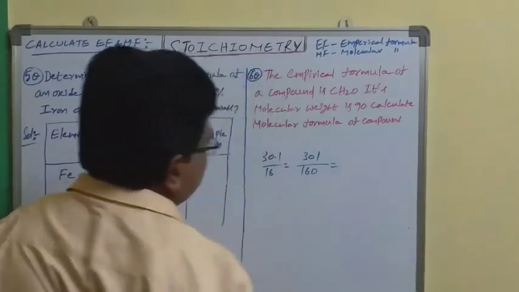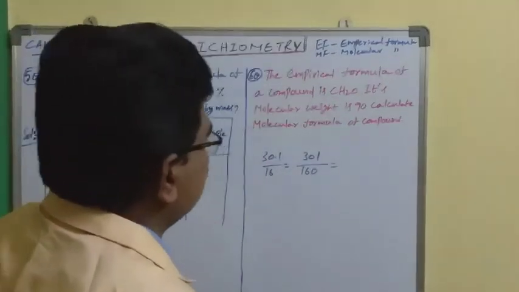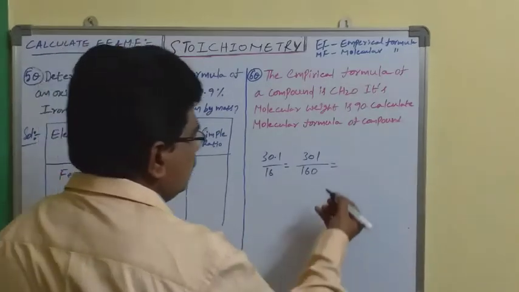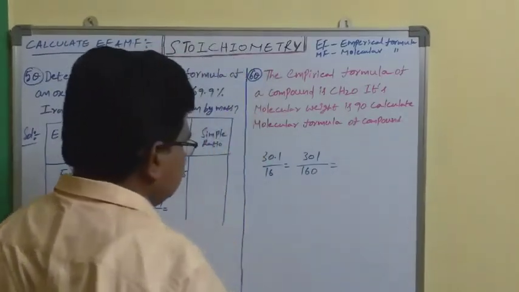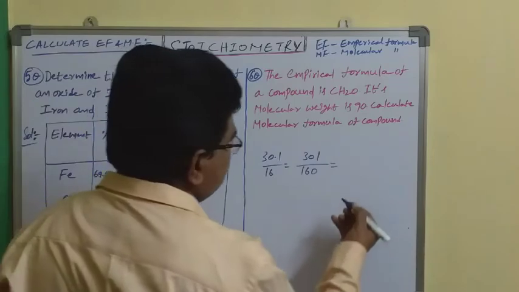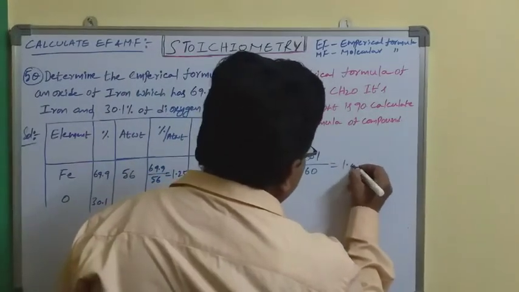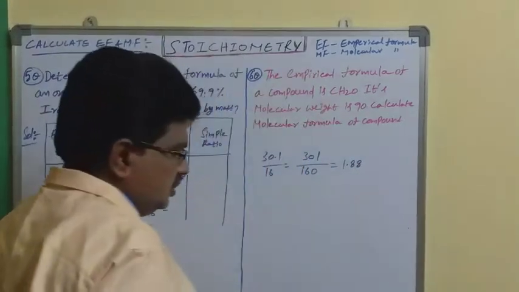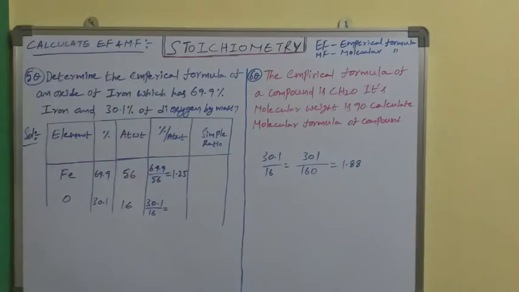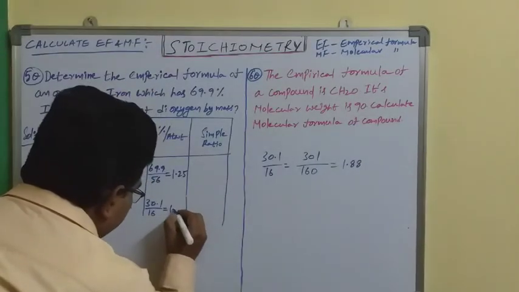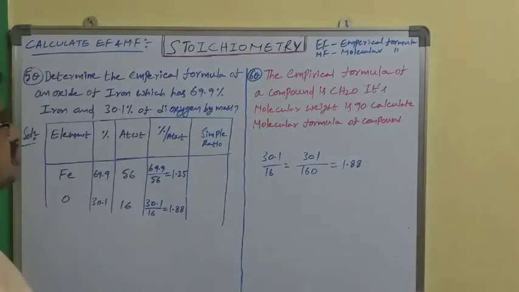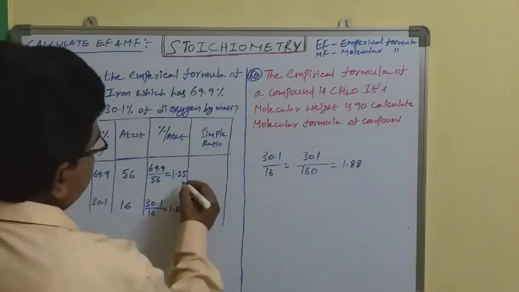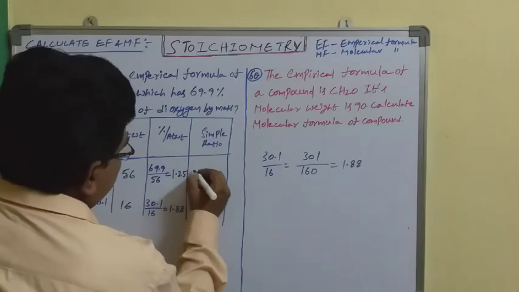Do the division yourself only. It consumes our time, so I am writing directly. We got 1.88. What is the simple ratio here, students? So this is the simple ratio.